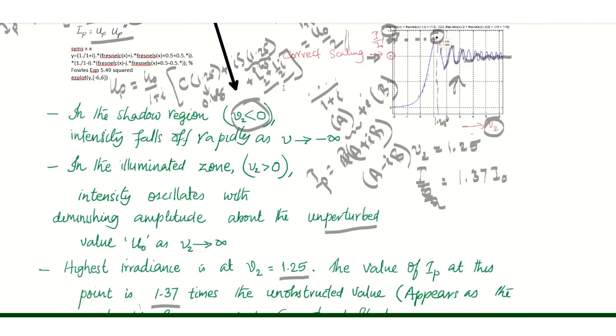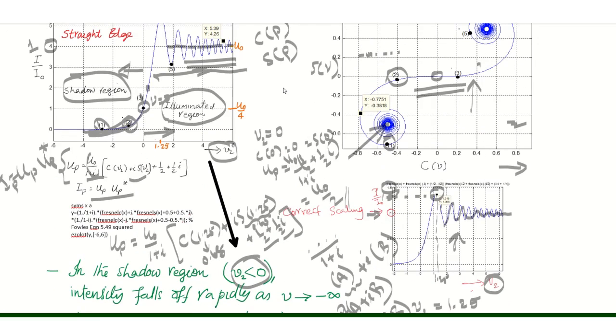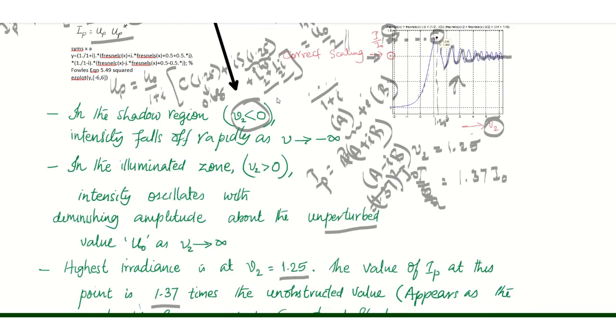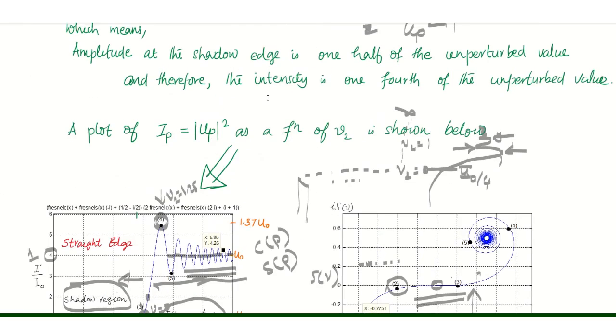What you will see is that if you substitute all these values, 1.37 square I0, that will be the value of the intensity. Oh, no, it's 1.37 times I0. That is what it is here.